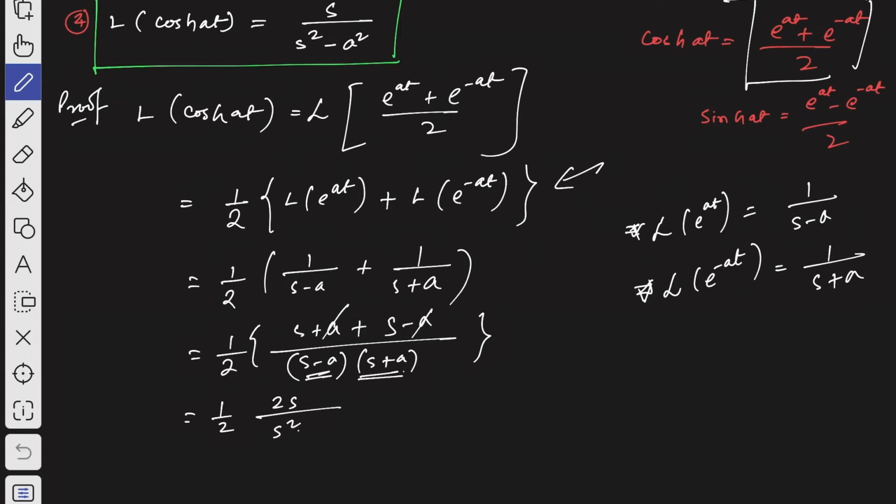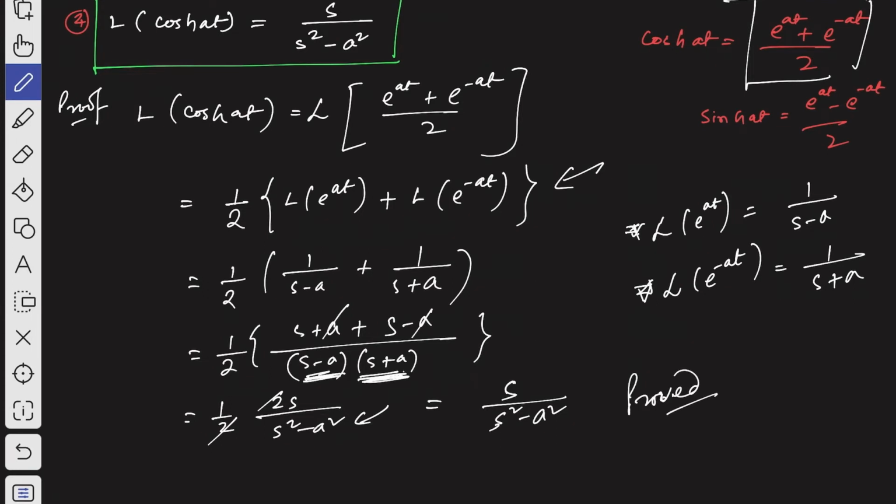In this case we will get s square minus a square, isn't it? Because we have s minus a and s plus a. If you multiply these two, that must give this, right? So here these two cancel. So what is the final result? s by s square minus a square. That's what we have got. So that's how we can prove.